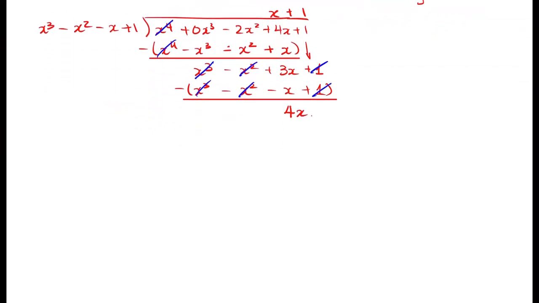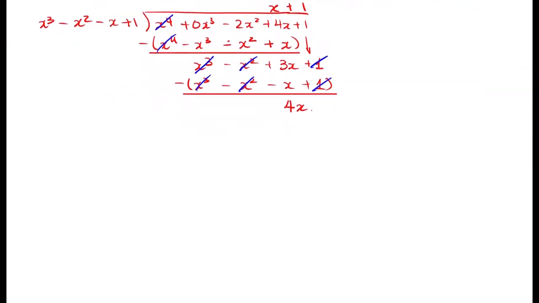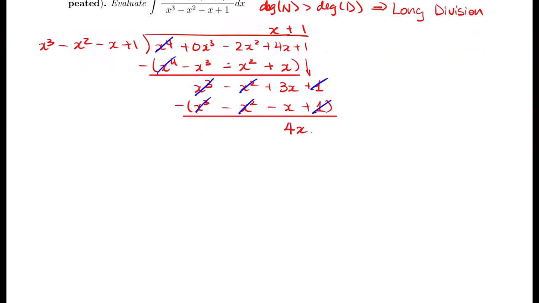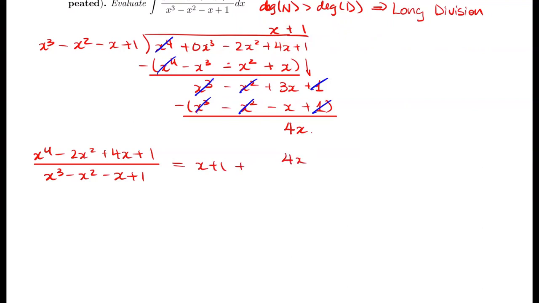So what that means is we could rewrite the rational function up here. So let's see, we have x to the 4th minus 2x squared plus 4x plus 1 divided by x cubed minus x squared minus x plus 1. So that would also equal to, well, the linear term here, x plus 1, plus the remainder divided by the denominator.